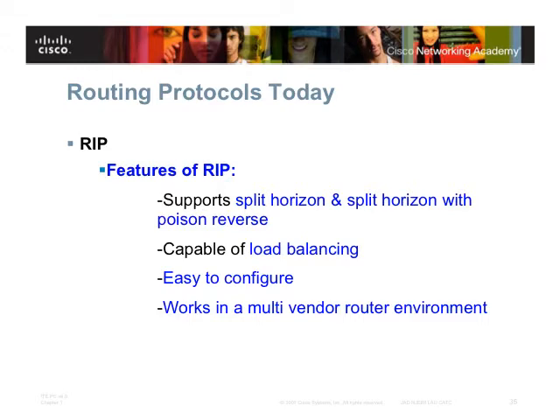So, for example, RIP has certain features. The first thing is that it supports split horizon and poison reverse, which are two of the methods that we talked about last time to eliminate routing loops. Also, RIP is capable of load balancing, and we said that load balancing, we use it when we have two routes with the same metric or with the same cost.